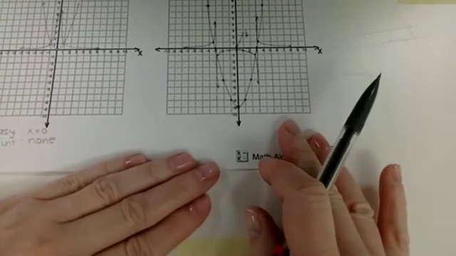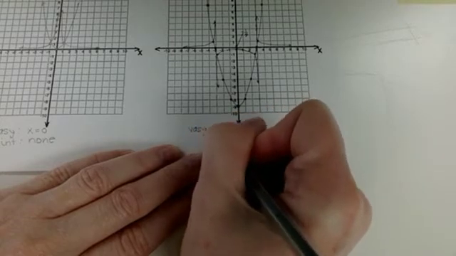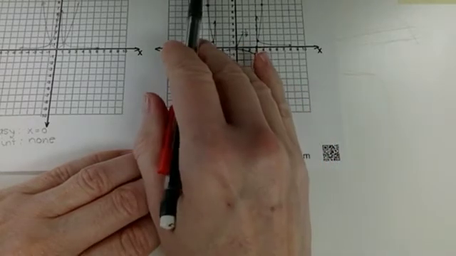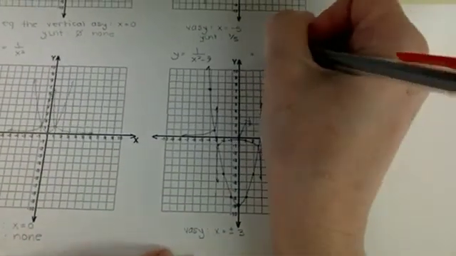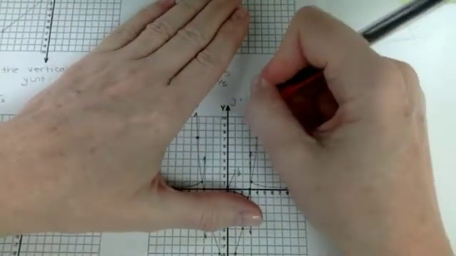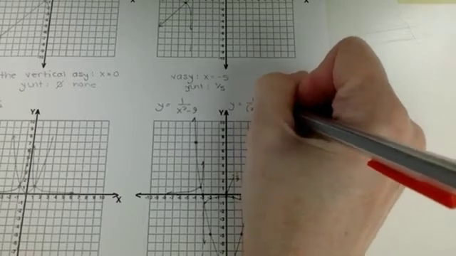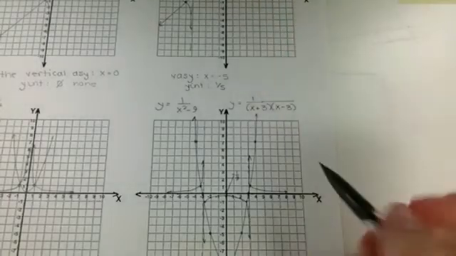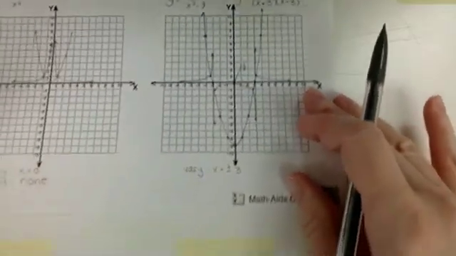So I hope you got that one. That's a tricky one. So vertical asymptote, try it if you didn't. The vertical asymptote is x equals plus and minus 3. And you can see this is the difference of squares. If you factored that, you would have y equals 1 over (x plus 3)(x minus 3), which would make it obvious that plus and minus 3 would be your non-permissible values.